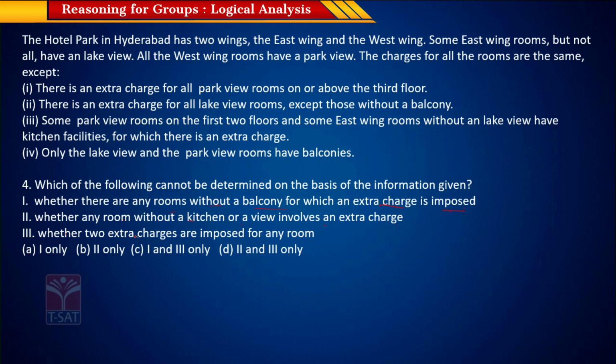Whether two extra charges can be imposed is definitely information which we do not know. So this is something we cannot determine. So this option can be definitely determined, and the other two cannot be determined. So the answer option is 1 and 3, that is answer option C.